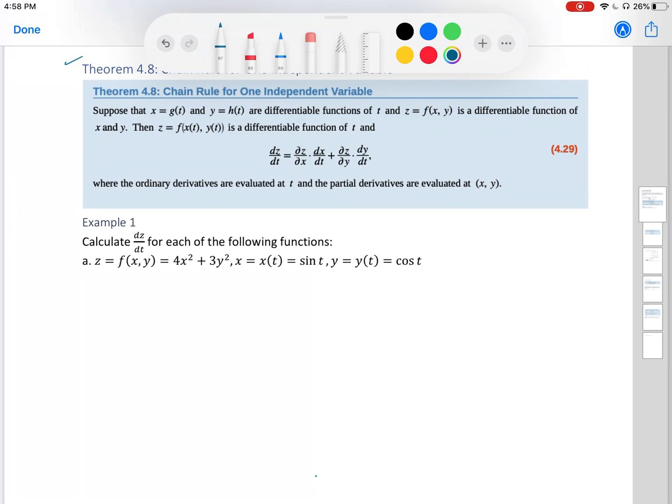Okay, so we can do it one or two ways. One way to do it is to use your definition. And two is to plug x and y in z, then differentiate.